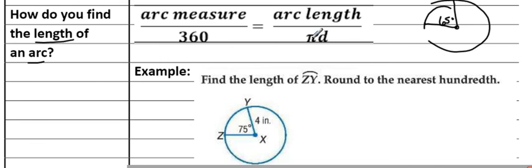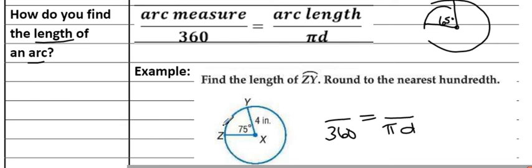Okay, and you will have to memorize this formula. There's no way around it. So we start with, how much of the circle do we have out of 360? So I always do this. I write 360 on the denominator, and then I write pi times diameter on the denominator of my second half of my ratio. Because I'm trying to figure out how much out of 360 do I have, and how much out of the total circumference do I have.